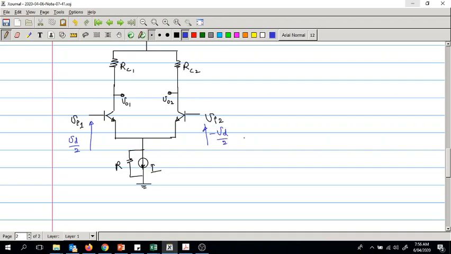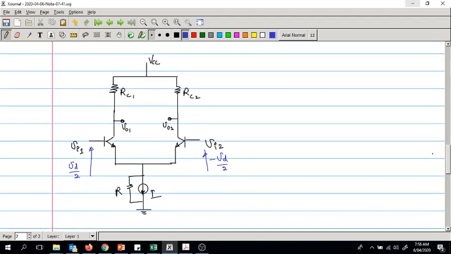Now for these two circuits we can draw the AC equivalent again using the common emitter configuration, or common emitter equivalent, or hybrid pi equivalent. That will be for one input. I mean, the equivalent circuit would look the same, right? However, the input values, output values will be a little different.